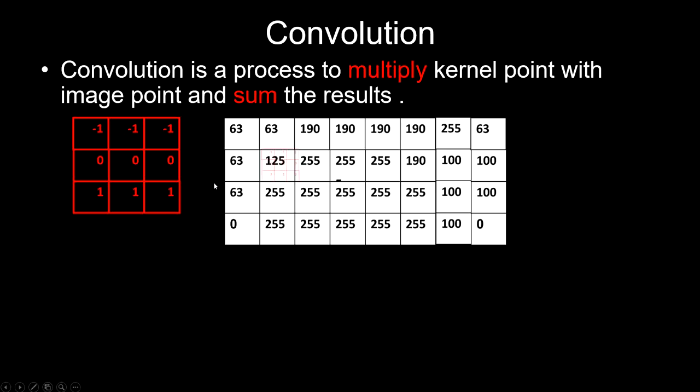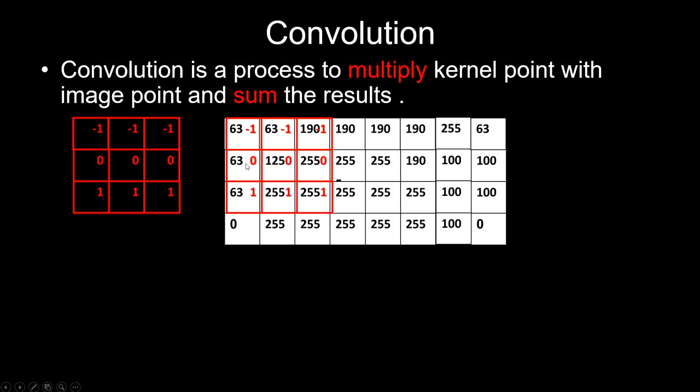Once we plug in the kernel here, multiply means that you just need to multiply every part here. So in this case, 63 times -1. This part is also the same, 63 times -1. This is 190 times -1.